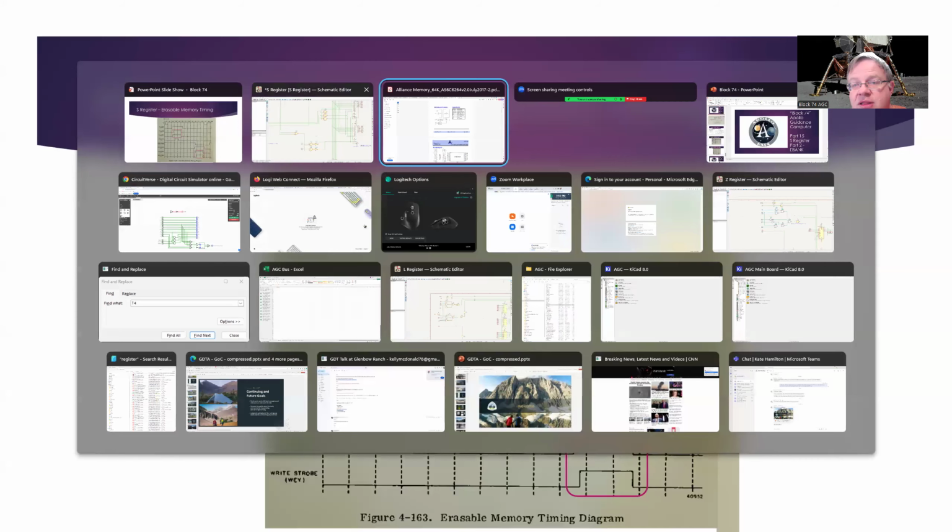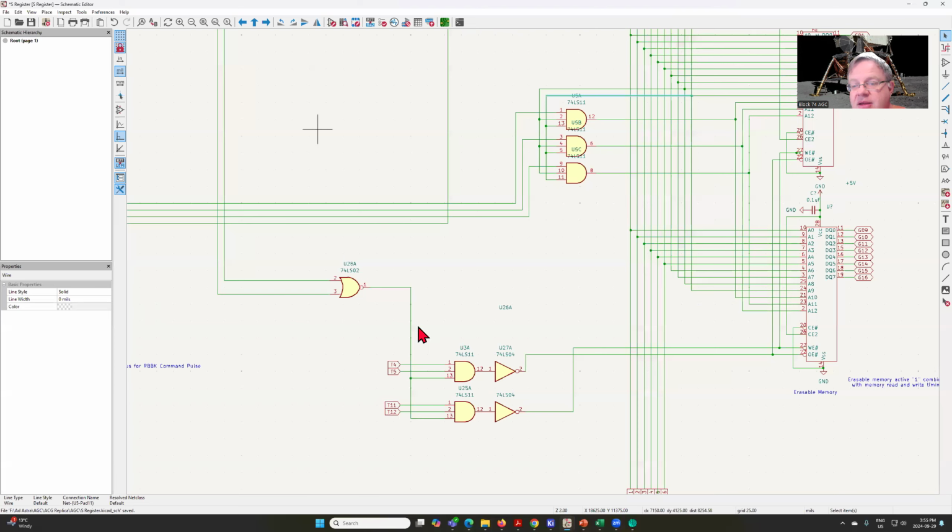And when we look at that from an electronics perspective, we have our T4, T5, T11, T12. We AND that together, and then we invert it because it is negative logic. And we use that to determine when we're going to write data into the memory or read data out of the memory.